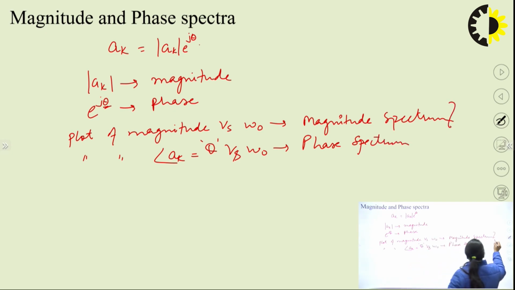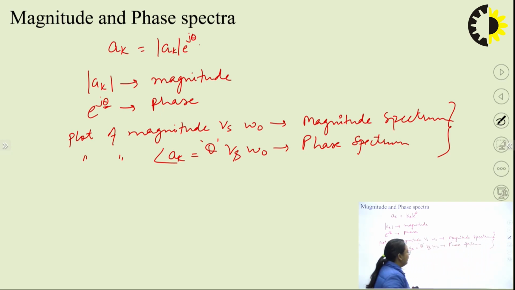Together these are called the magnitude and phase spectra.